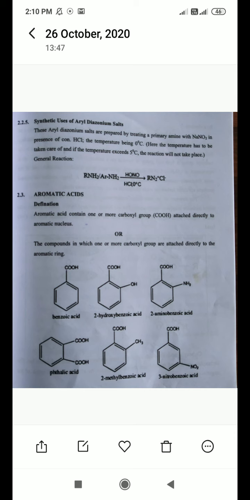Why toluidic acid? Because when a methyl group is attached to the benzene ring, it becomes toluene. So the acidic group is attached to that particular toluene, so we can name it toluenic acid. Likewise, this is some naming, or how to name a particular aromatic acid.